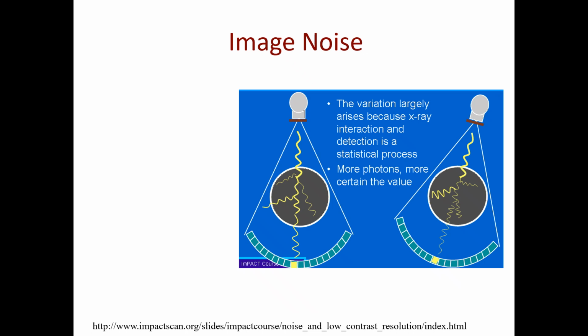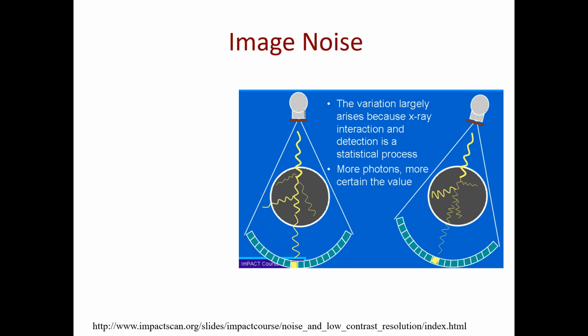We've already gone through how X-rays interact with the material. But there's the fact that they emit and scatter waves, and then I'm trying to detect those waves that have either passed through or scattered off the material.